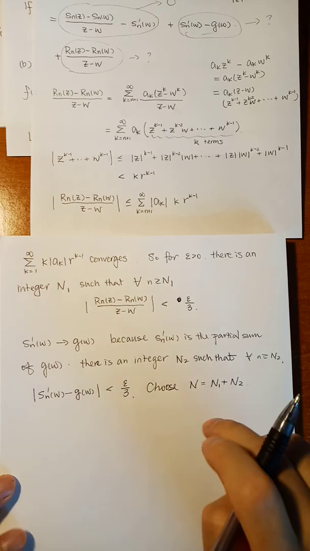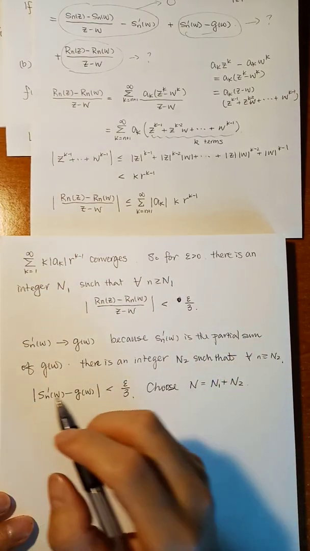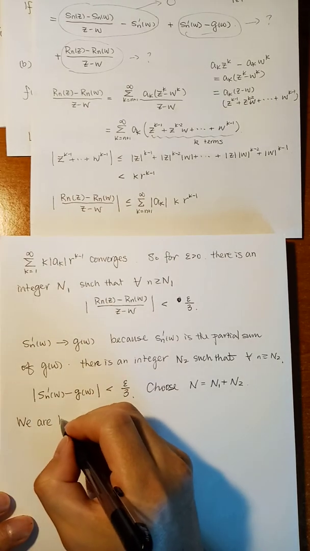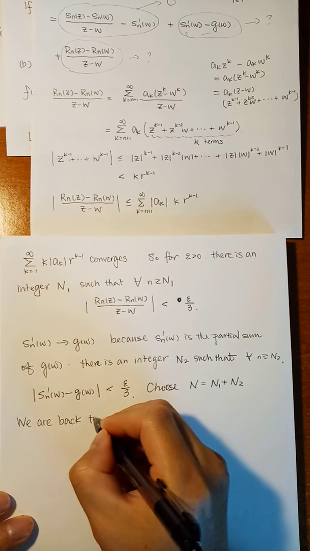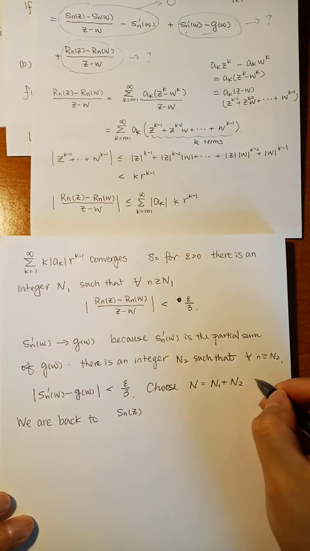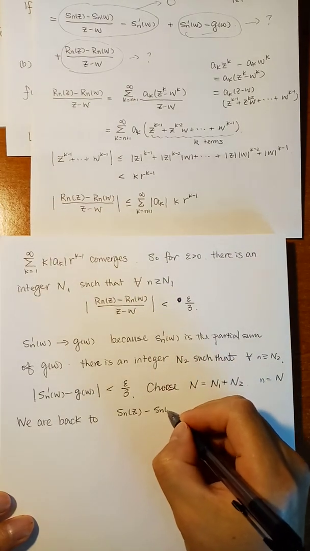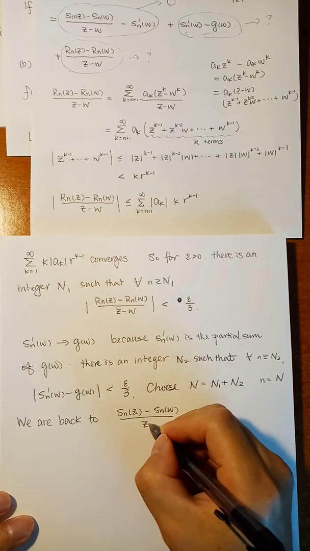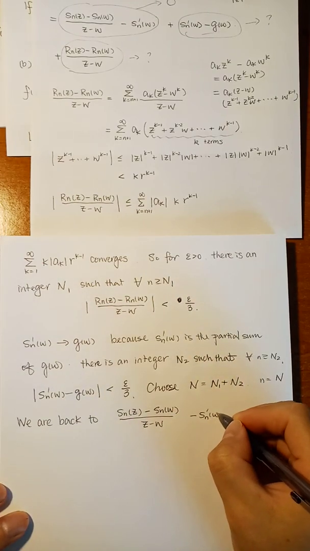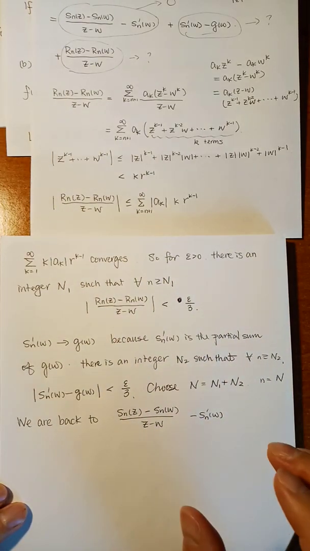Okay, so once we fix this n, then we are back to Sn of Z minus Sn of W over Z minus W, and then minus Sn prime of W. Well, this one will tell us the delta.